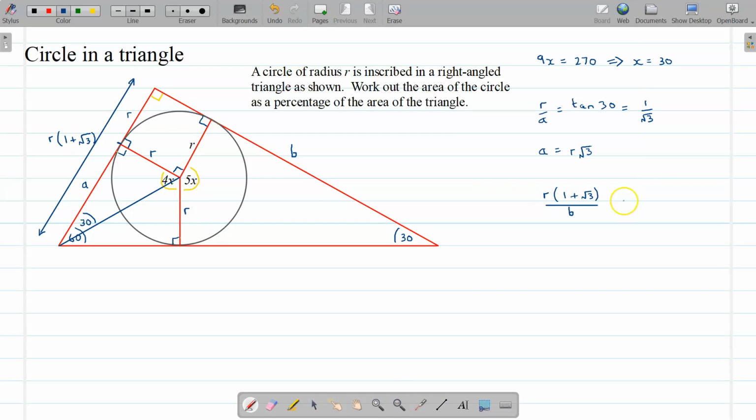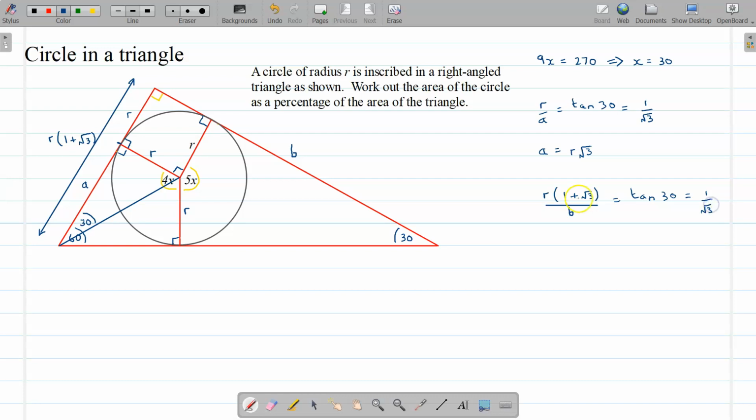So I'm using the same kind of reasoning as I had before. Tan 30, which we know to be 1 over root 3.